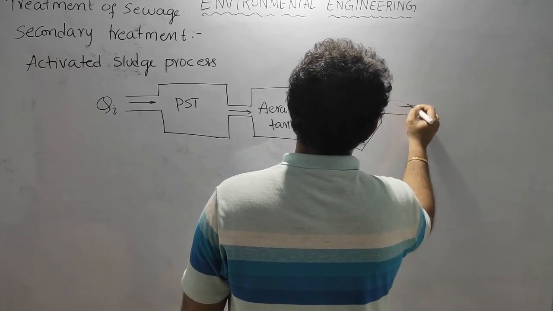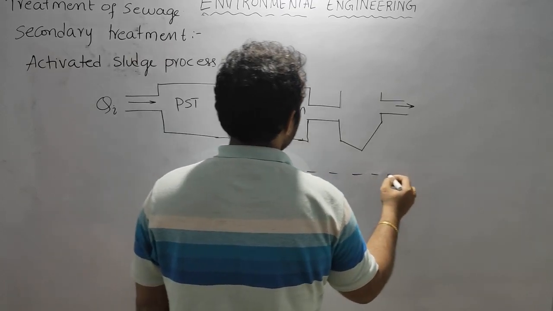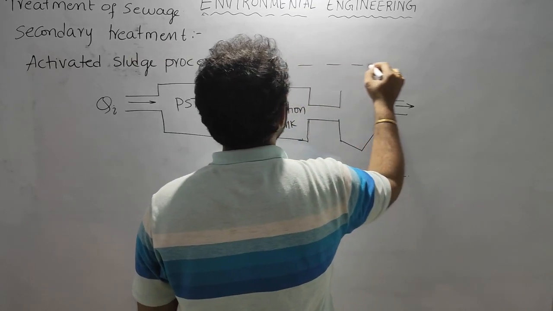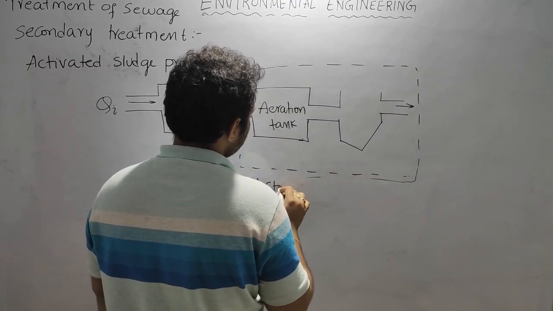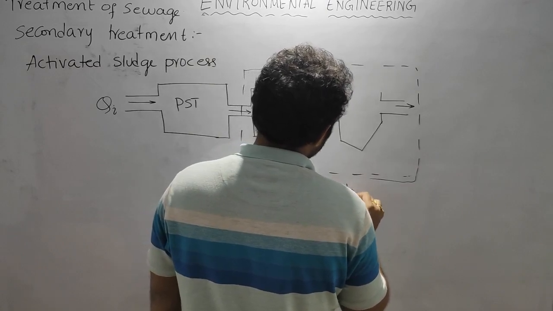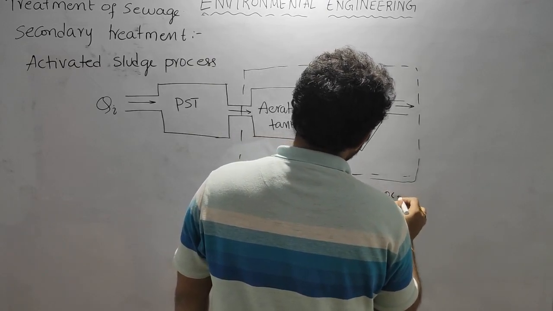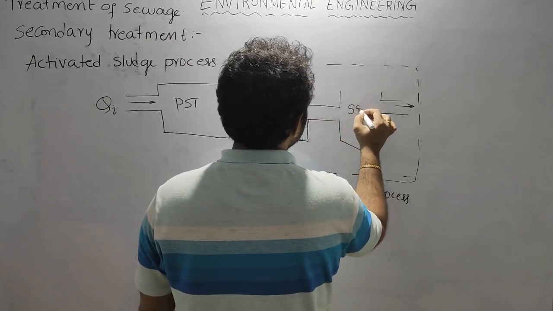So this is the effluent. This combination is called the activated sludge process. So it happens inside the aeration tank and secondary sedimentation tank.